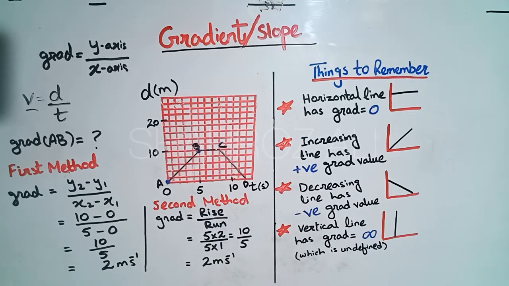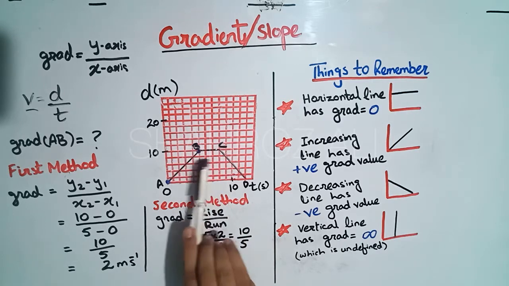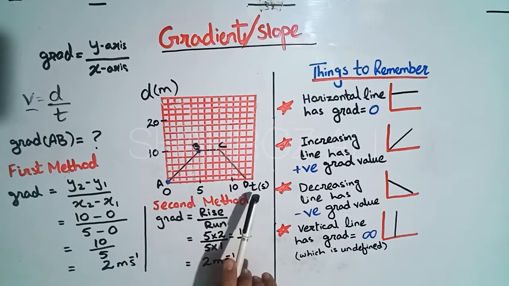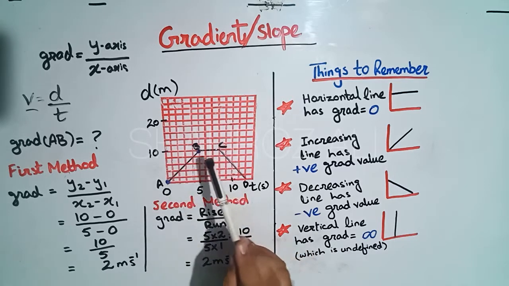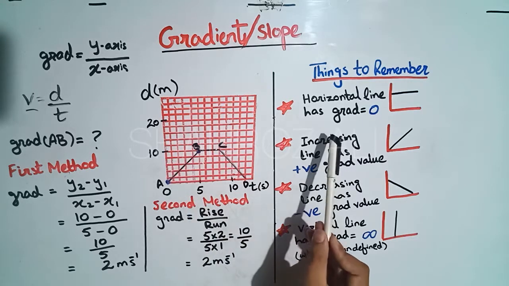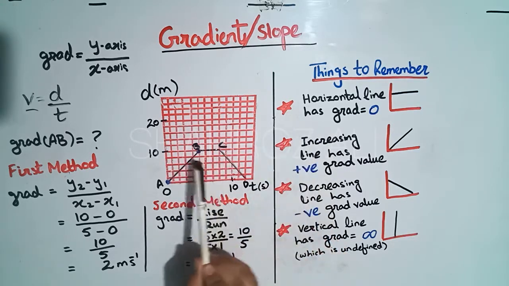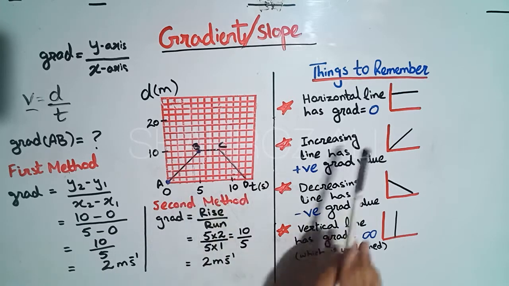Now just notice the other two lines, BC and CD. This line is parallel to the horizontal axis. If I ask the slope or gradient of line BC, you will say, sir, the gradient of a horizontal line is 0. The same method can be applied on this line, and it will give you a 0 gradient.